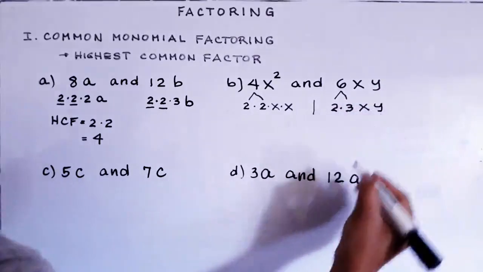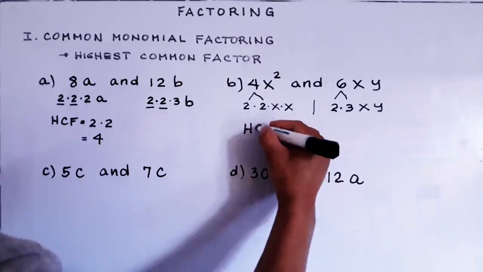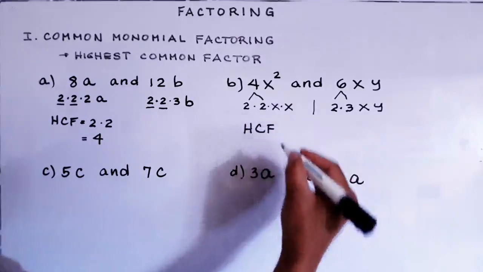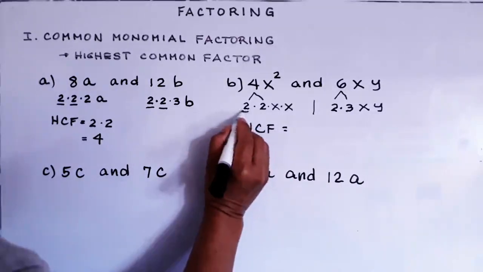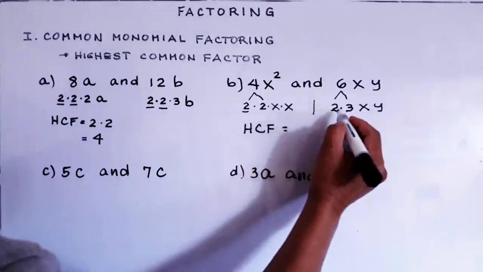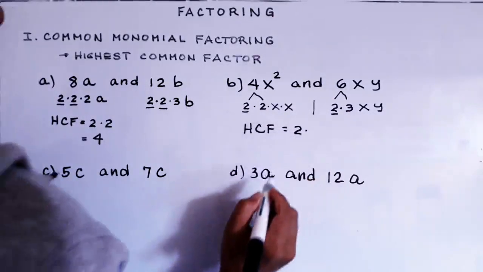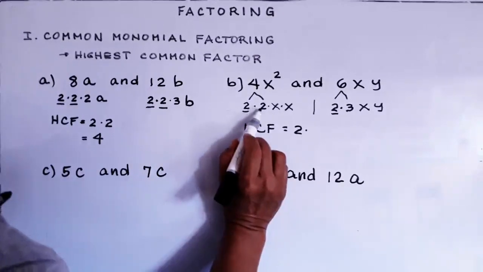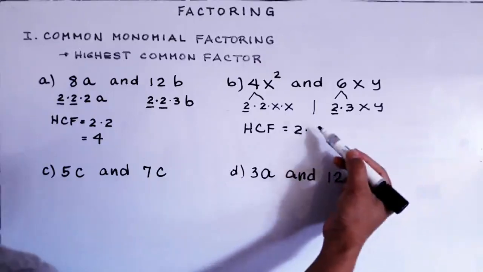And y here. Now let's find the HCF, the greatest common factor or the highest common factor. We have a 2 here. Do we have a 2 on the other side? Yes, you have a 2 here. Then you write the 2 here. Times, the other 2 is here, but we don't have the 2 on the other side, so don't write the other 2.